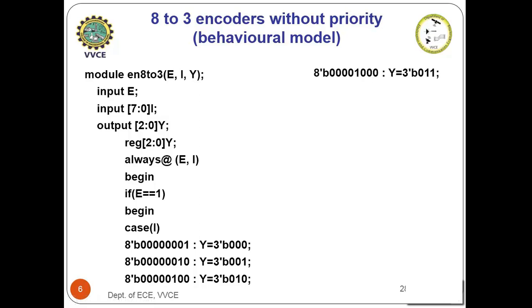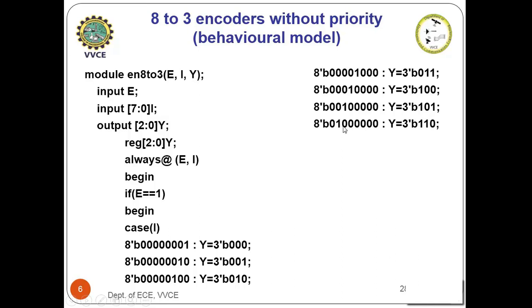Similarly, when it is 0, 0, 0, 0, 1, 0, 0, 0, Y will be 0, 1, 1. When it is 0, 0, 0, 1 followed by 4 zeros, your output will be 1, 0, 0. When it is 0, 0, 1 followed by 5 zeros, your output will be 1, 0, 1. When it is 0, 1 followed by 6 zeros, your output will be 1, 1, 0.